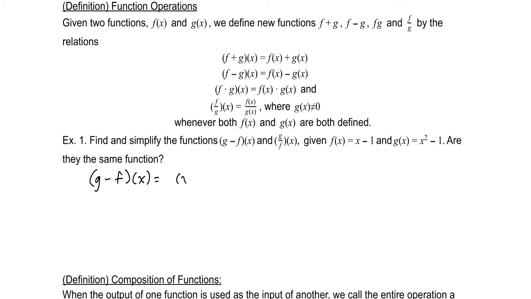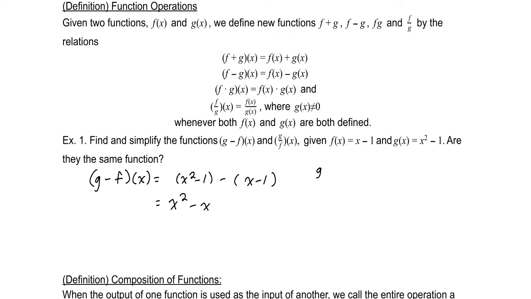So x squared minus 1 minus (x minus 1), which, distributing the negative sign and combining like terms, we should get x squared minus x, and then the negative 1 and the positive 1 cancel out, so x squared minus x.